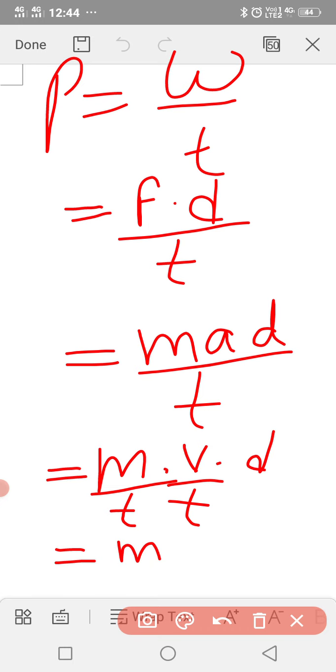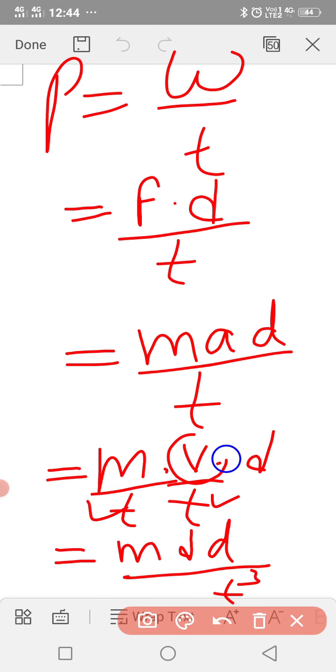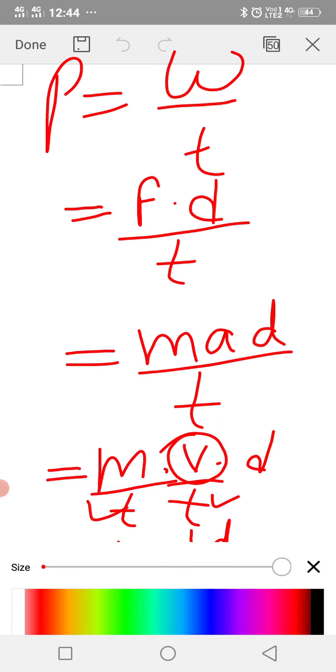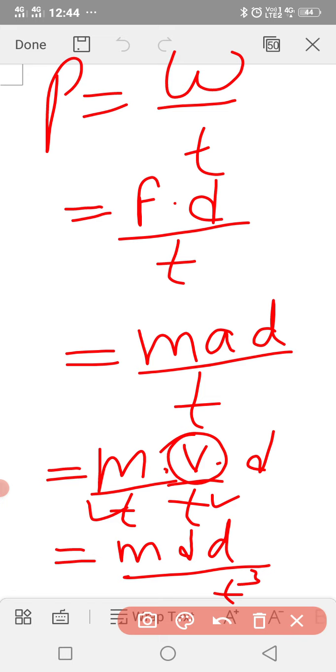So students, you just see here, it is also distance, it is also distance, and in time there is a cube. Why cube? Because one T is here, one T is here, and one T is coming from velocity. So now we got that it is mass distance upon T cube.